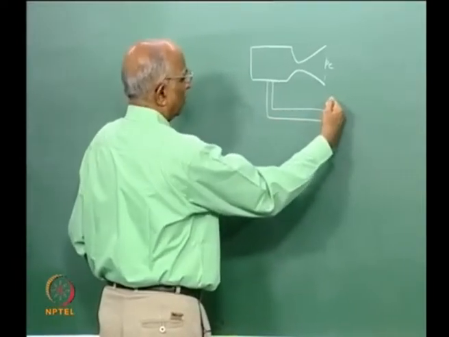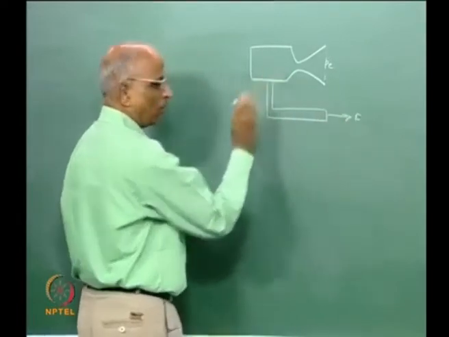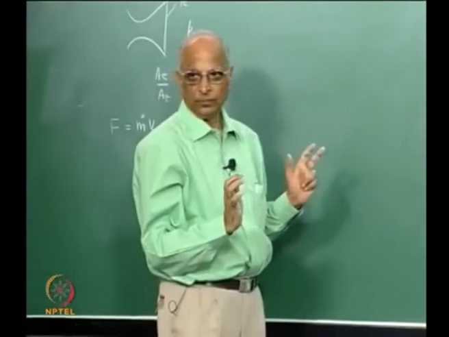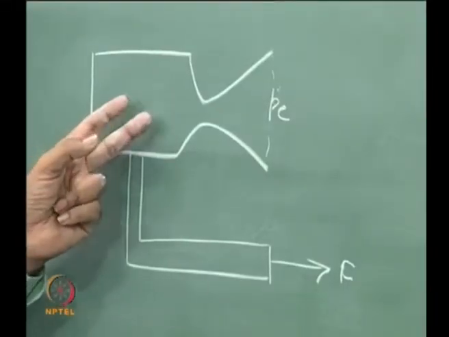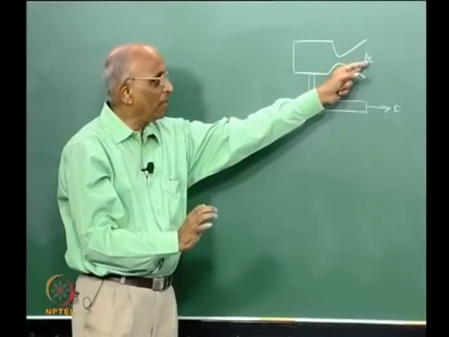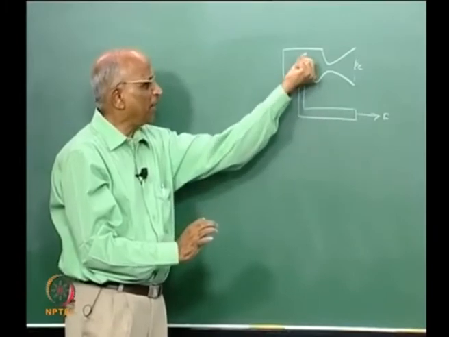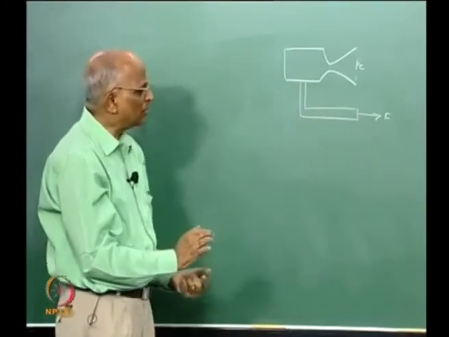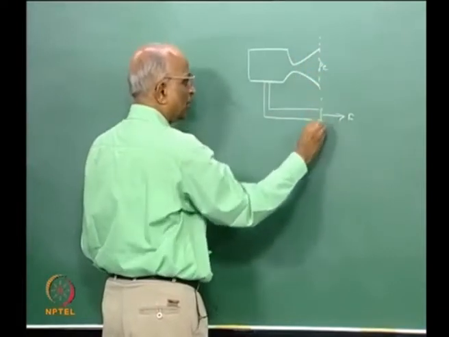I hold it with a force F such that the rocket is stationary, because I want to find out the force which a rocket develops when my exit pressure is not balanced by the ambient pressure, and therefore I keep this rocket in a position like this. Then I make a control volume diagram about this.